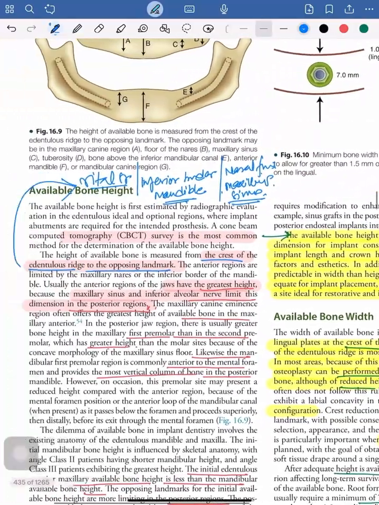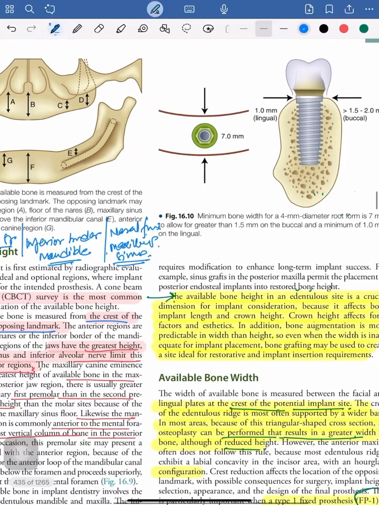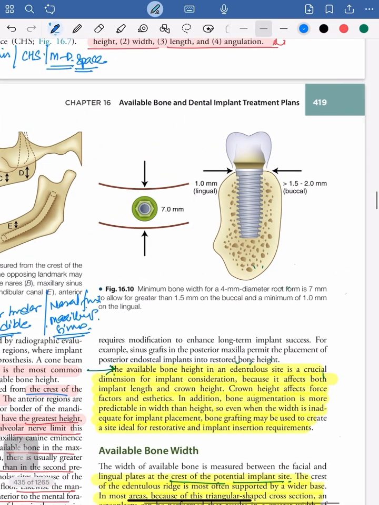Okay, so how does available bone height matter? For that, we will discuss in a bit more detail, and I will show you why implantology needs a multi-dimensional approach.